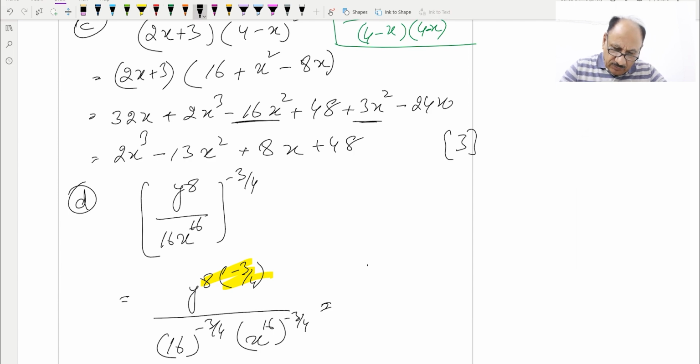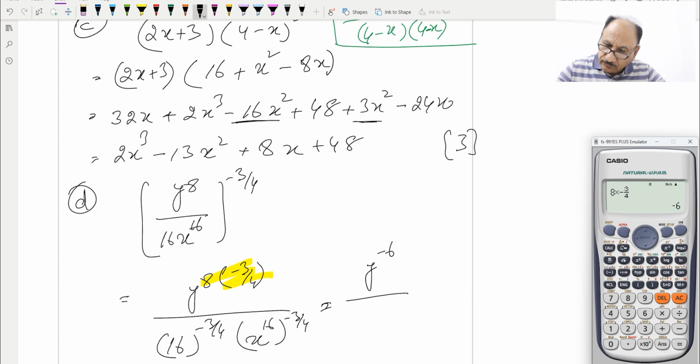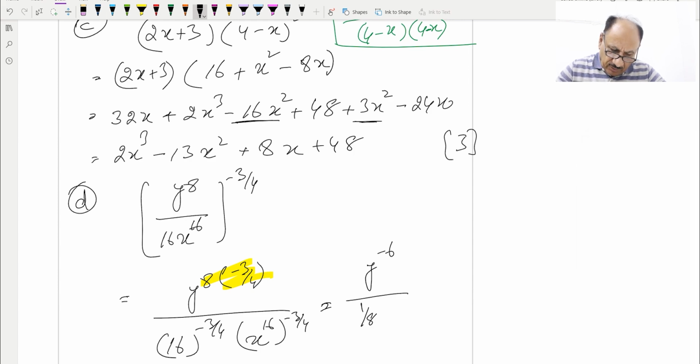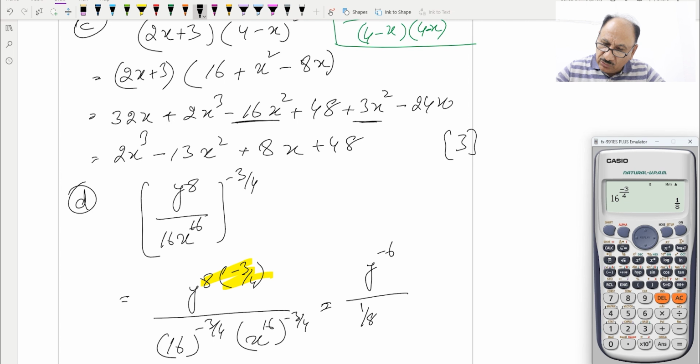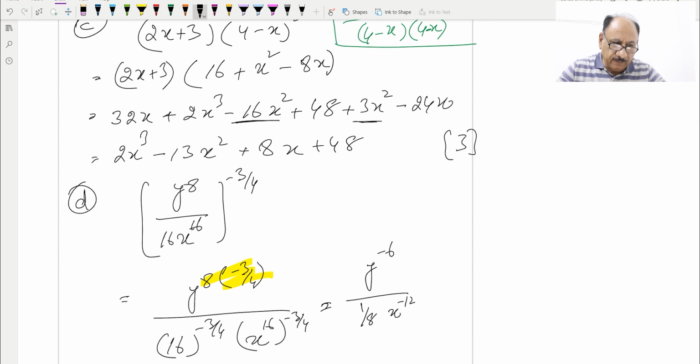So y raised to the power minus 6. 16 raised to the power of the fraction minus 3 over 4 gives us 1 by 8. So this will be 1 by 8, and x raised to the power will be 16 multiplied by minus 3 by 4, and this will give us minus 12. So this will be x raised to the power minus 12.